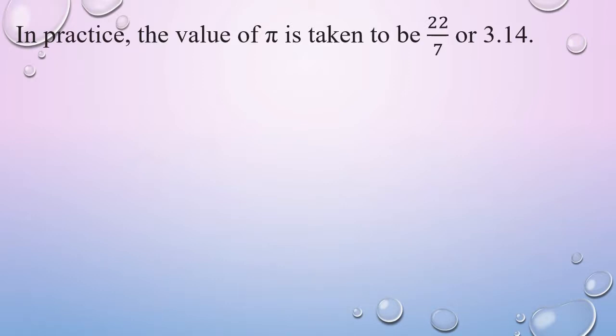In practice, the value of pi is taken to be 22 by 7 or 3.14. If the value of pi has not been given in a problem, it is taken to be 22 by 7 or 3.14.